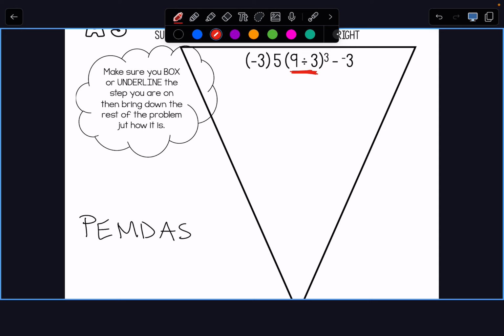What is 9 divided by 3? 3. So I'm going to make it 3. I'm going to still put the parentheses around it so I know that that's what goes with that exponent. And then I'm going to bring down everything else.